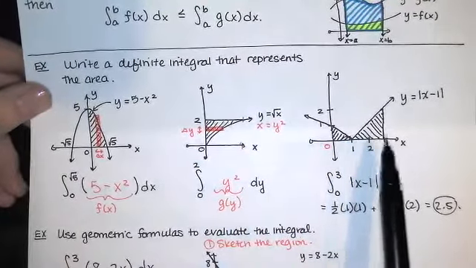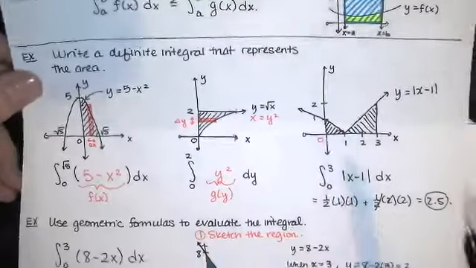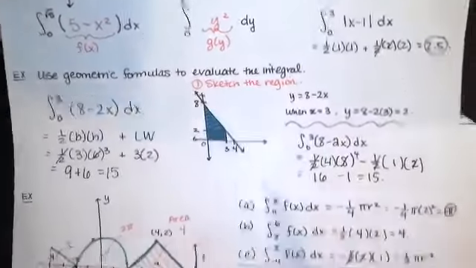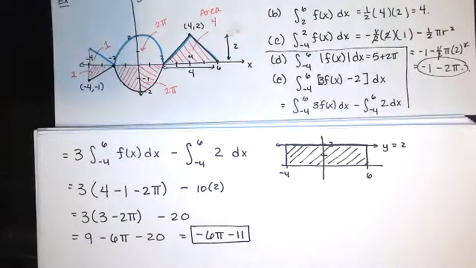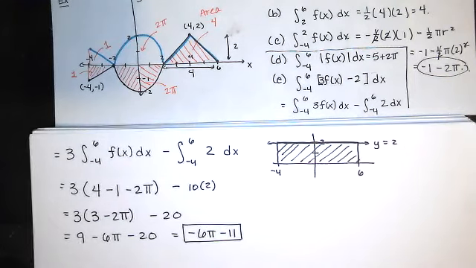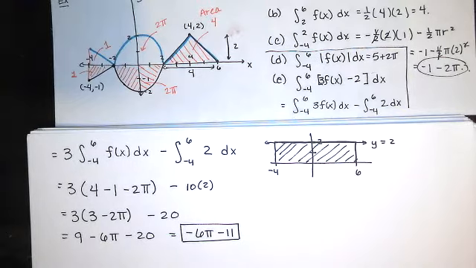But in the cases where the area is a triangle or part of a triangle, or a rectangle, or triangles and semicircles or rectangles, all of those definite integrals can be found using the formulas that you've previously studied.